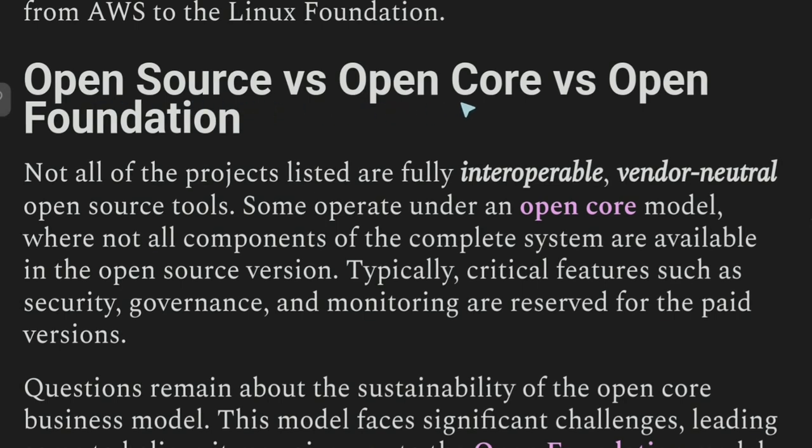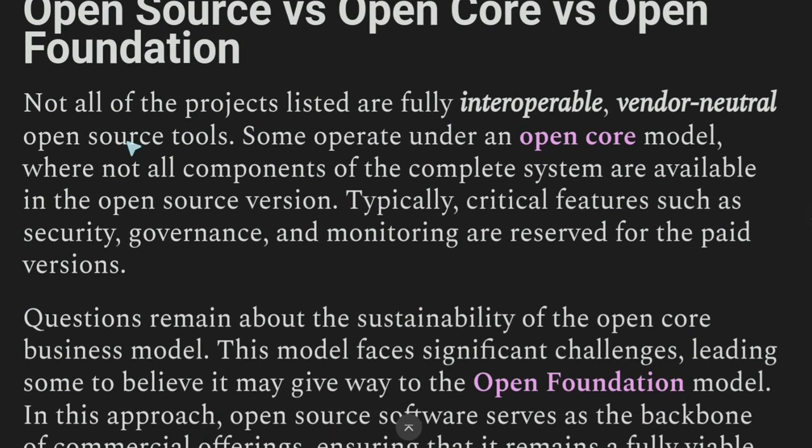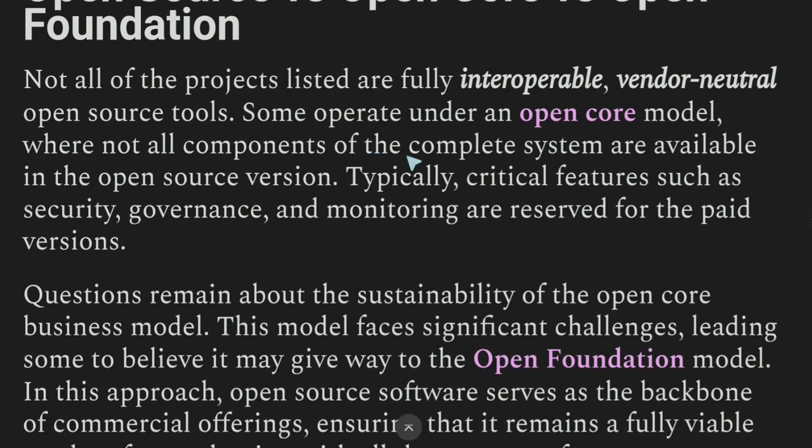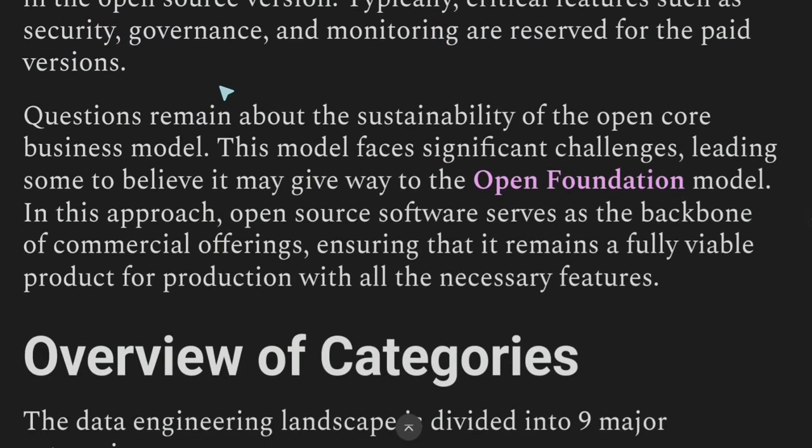Open source versus open core versus open foundation. Not all of the projects listed are fully interoperable, vendor neutral. Some open source tools operate under an open core model where not all components of the complete system are available in the open source version. Typically, critical features such as security, governance, and monitoring are reserved for the paid version.